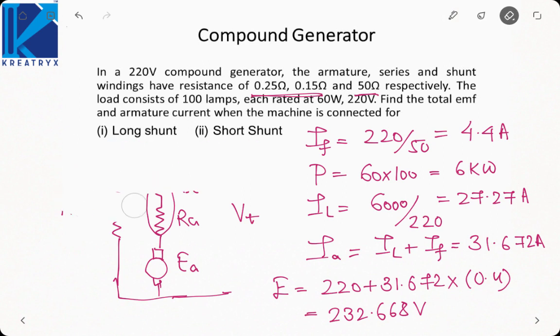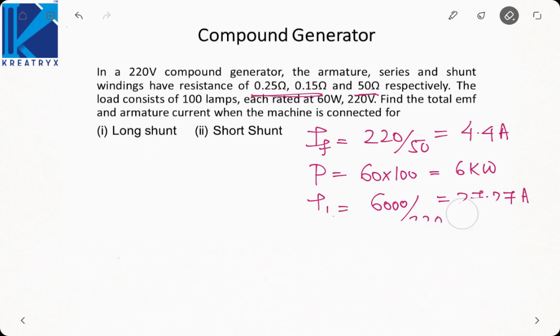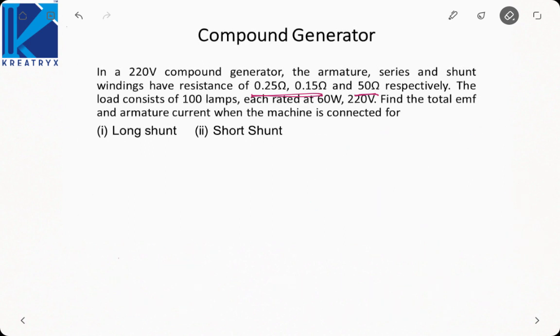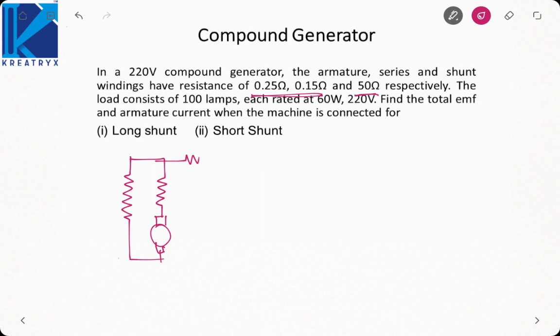Now let us look at what is the model for a short shunt machine. In case of short shunt, the circuit is somewhat like this. This will be R shunt, RA, EA, R series. So first the shunt winding will be connected across the armature and then the series resistance.